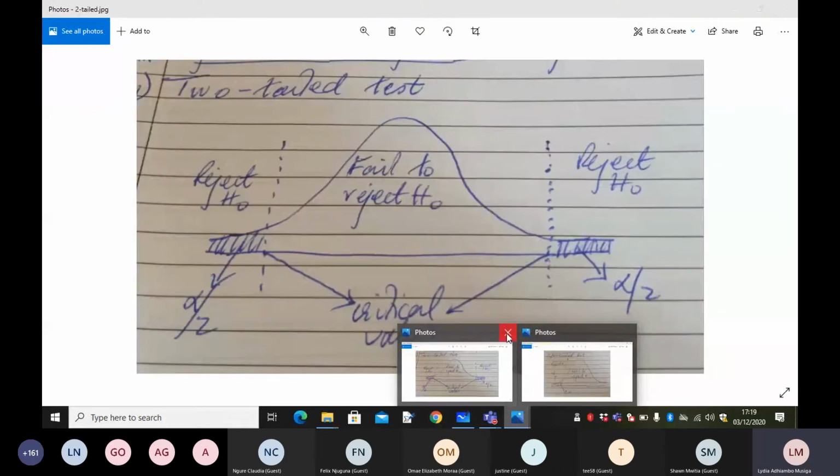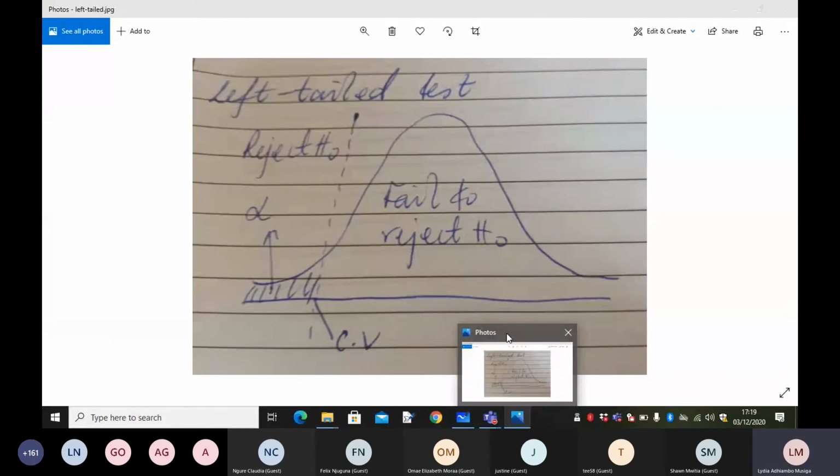For the left-tailed test, you can see that we have only 1 critical value, which is shown by the shaded line.